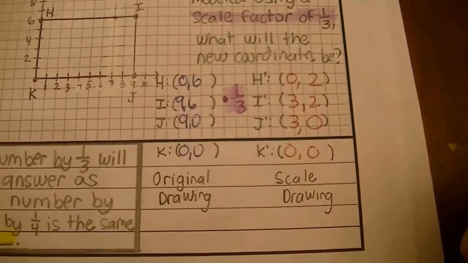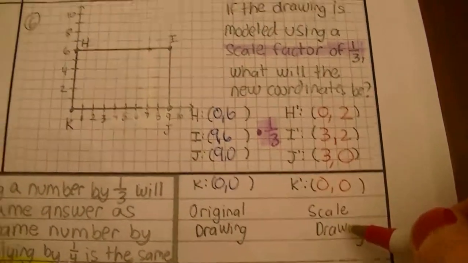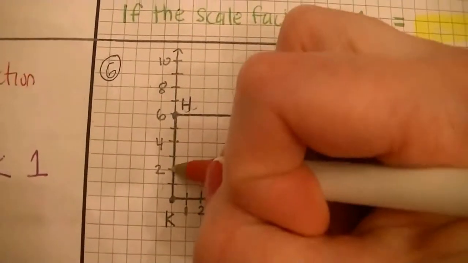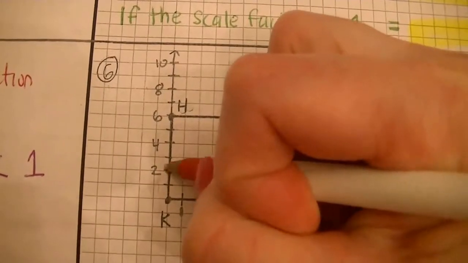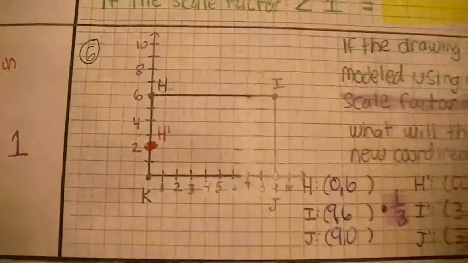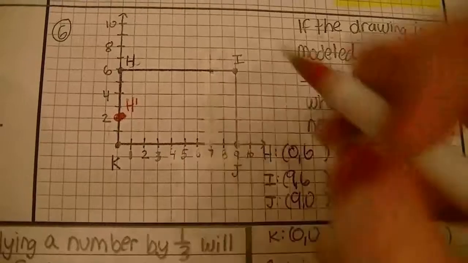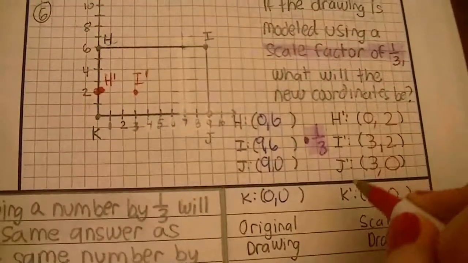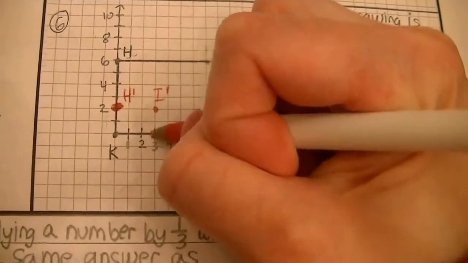Okay, so those are the new points of the scale drawing, and let's go ahead and plot them. So H prime is at 0, 2, and please label that. Whoops. And I prime is at 3, 2. And J prime is at 3, 0.